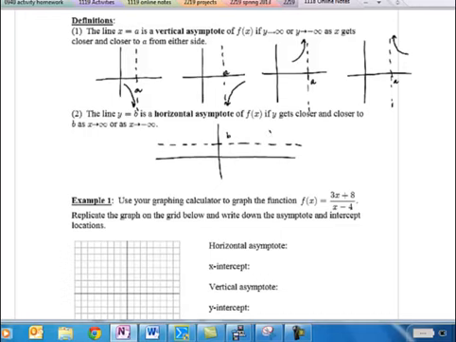And if the function values get closer and closer to that line, on either side, so as we move to the right or as we move to the left without bound, then that line y equals b is called a horizontal asymptote of the graph.